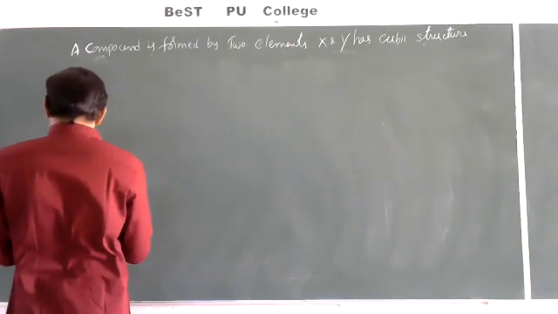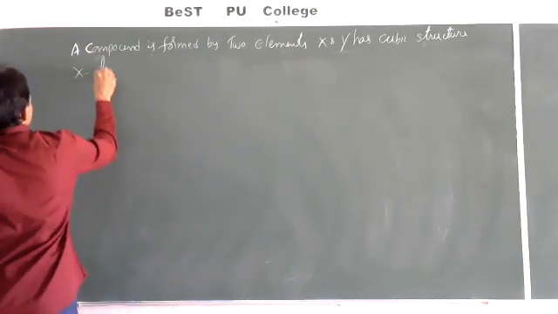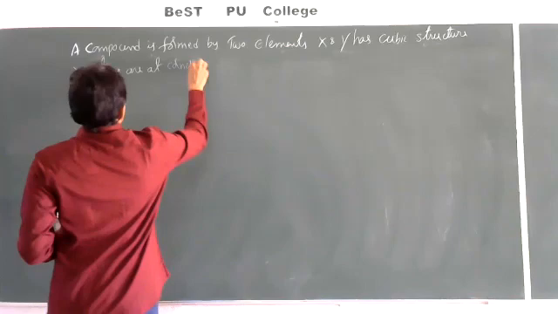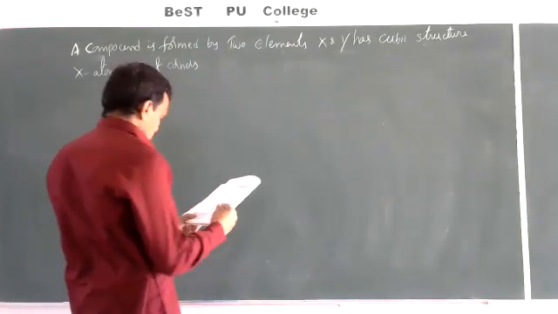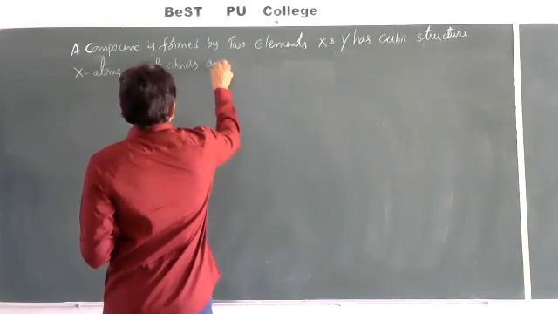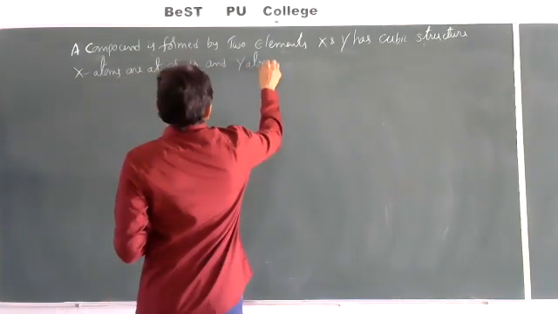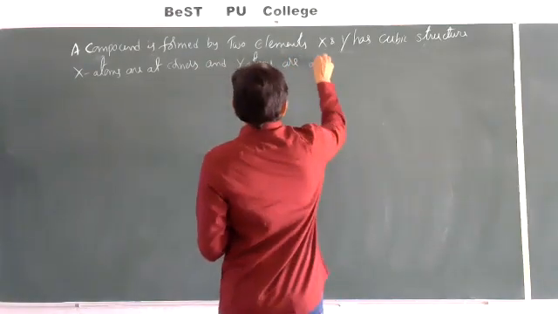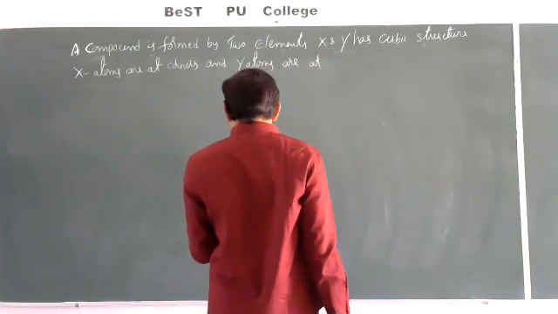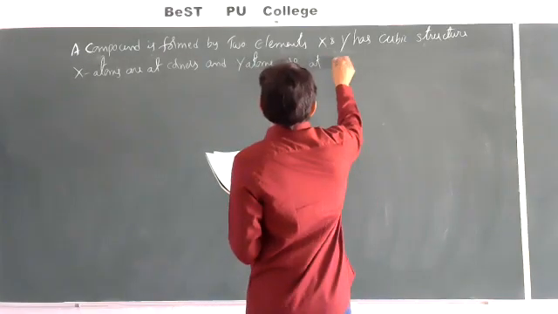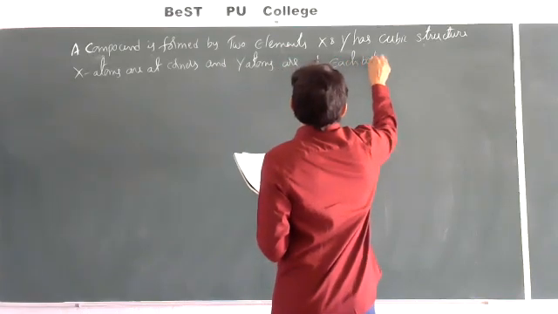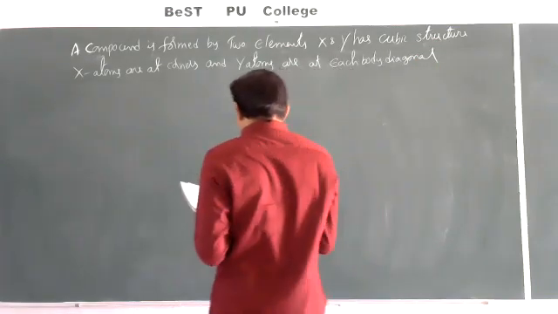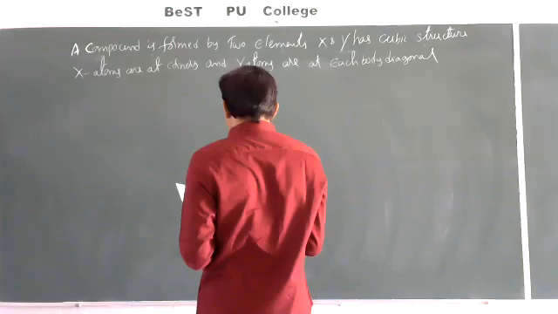The given condition is X atoms are at corners and Y atoms are at each body diagonal.